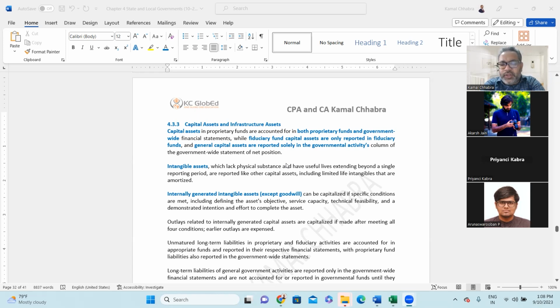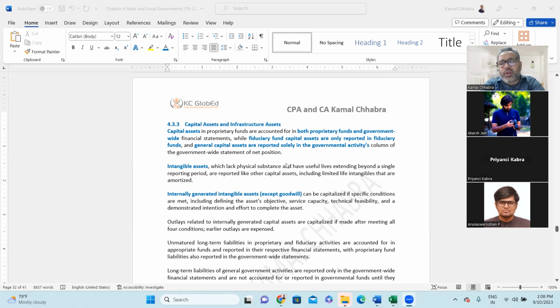The next topic which we need to start is the capital asset and infrastructure asset. Capital assets, as you all know, are property, plant and equipment. Infrastructure assets are basically dams, bridges, airports, railway lines. Those kinds of projects are called infrastructure projects.